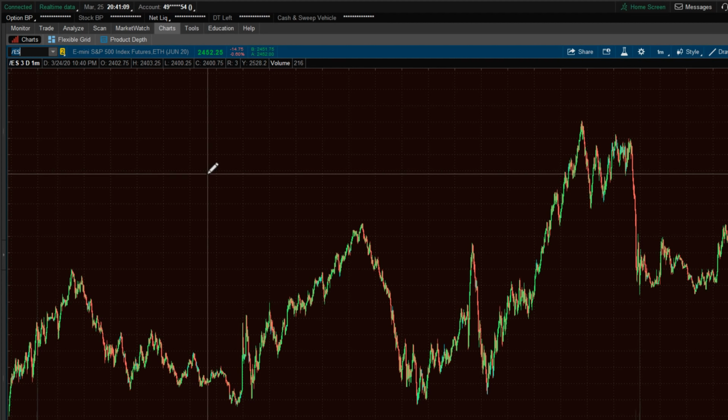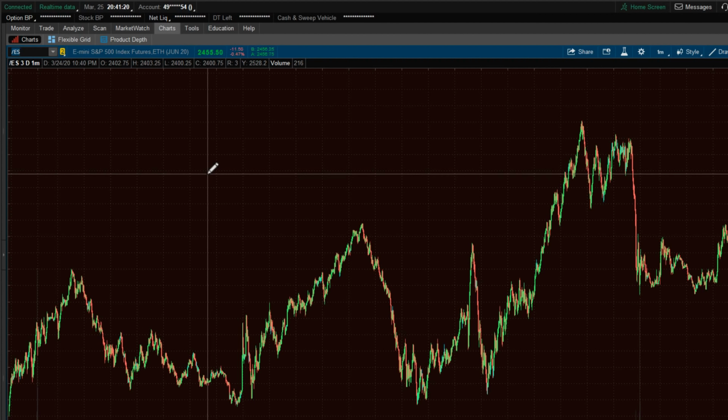But the cool thing with the micros is that they created this new product that's 10 times less expensive than the E-minis. So currently today, and it's kind of inflated because of all the volatility, but I think today the S&P E-minis are like 13,000 and some change for one contract, which is insane. But on the micro, it's 10 times less, right? So you only need like $1,300 to trade that.